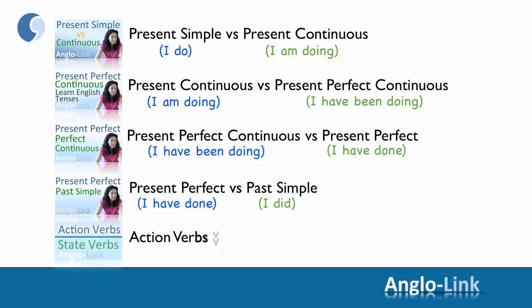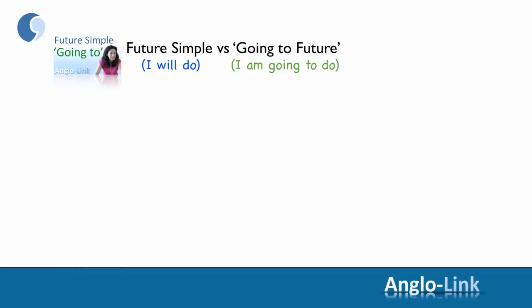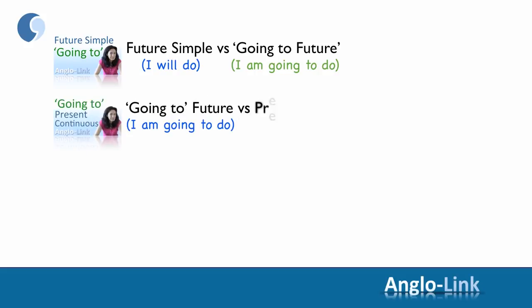In my 5th lesson, we looked at action verbs and state verbs. The 6th video was on future tenses. We looked at the difference between I will do and I am going to do. And in the following video, we looked at the difference between I am going to do and I'm doing with a future time marker.